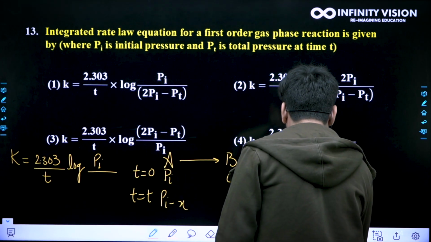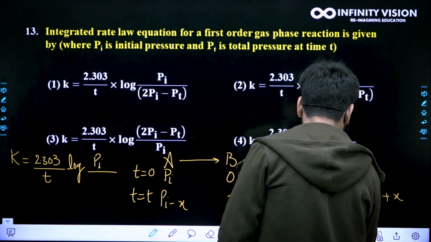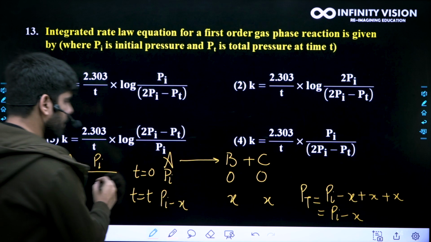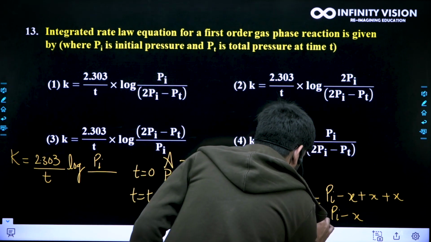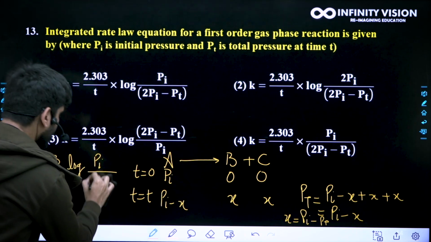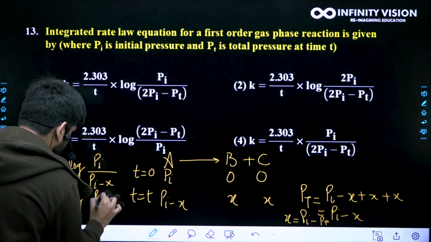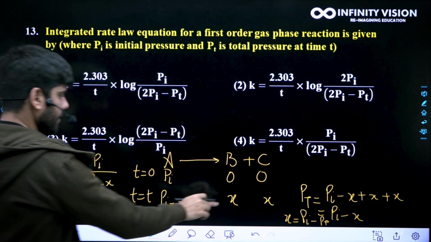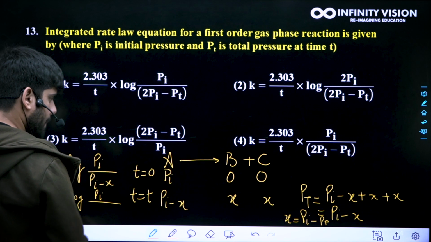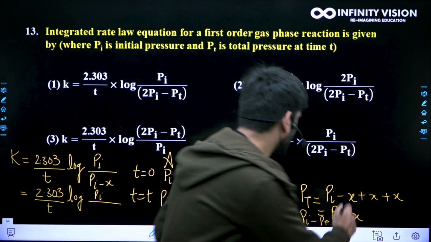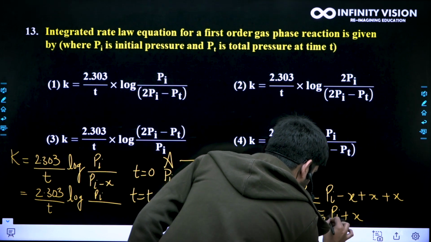So what is the total pressure? The total pressure is Pi minus X plus X plus X, so we can say it is Pi plus X. If we find the value of X from here, X is PT minus Pi. Now here we have Pi minus X; putting the value of X, we get Pi, and in place of X we write PT minus Pi. So it will be Pi minus PT plus Pi, which is 2Pi minus PT.